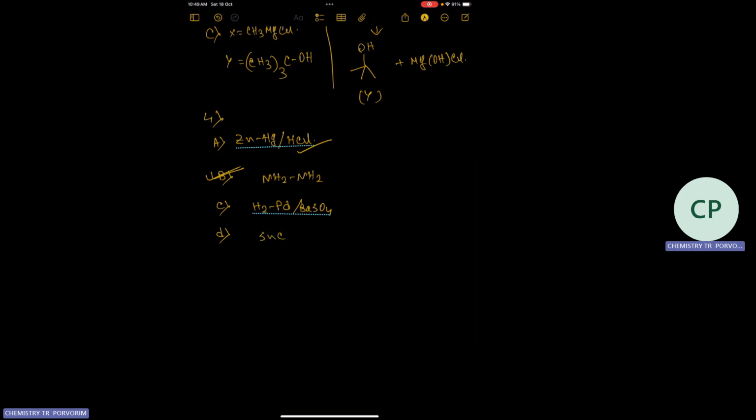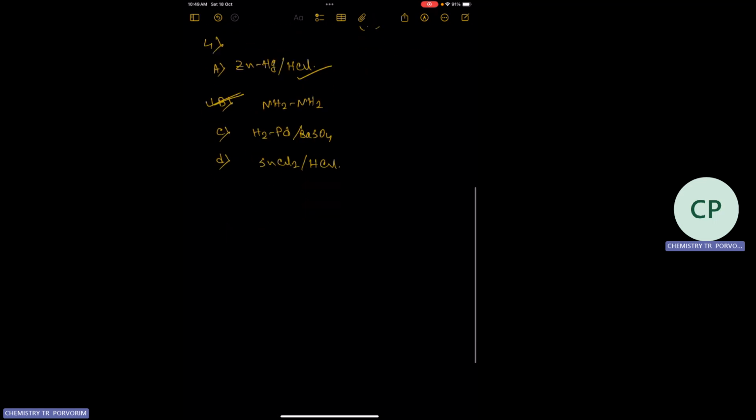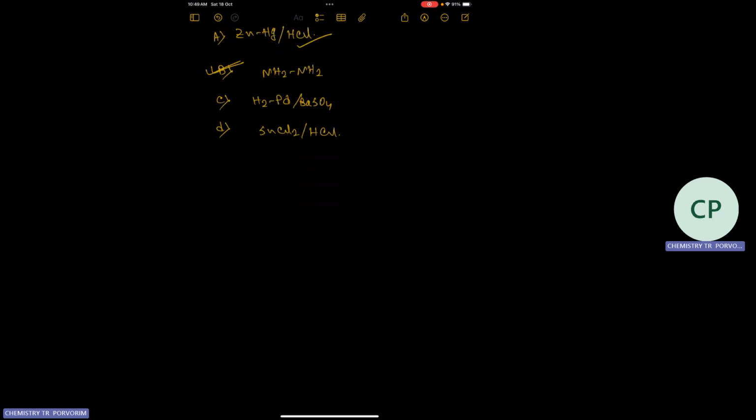The reagent is SnCl2 with HCl, and it converts cyanide to aldehyde. So A, C, and D are correct. Only B should give alkane, but here we are getting alcohol. That's why B is the wrong product, so the fourth answer is option B.